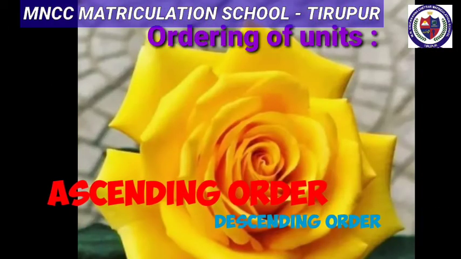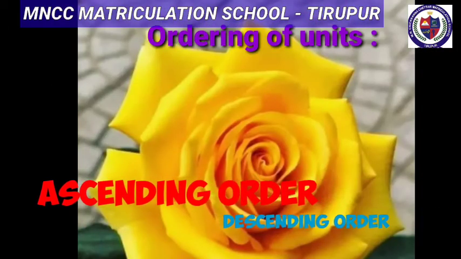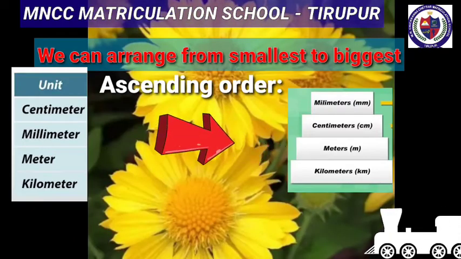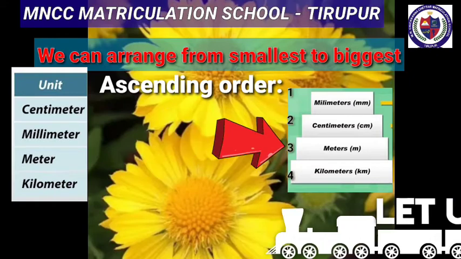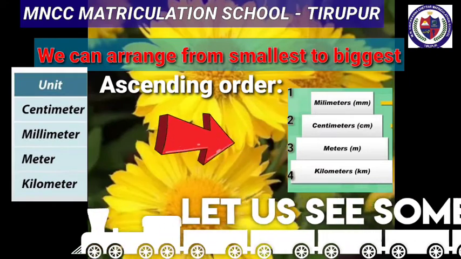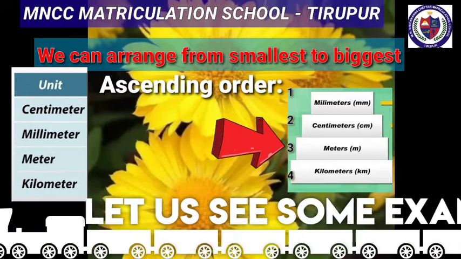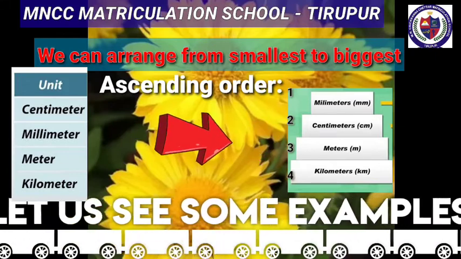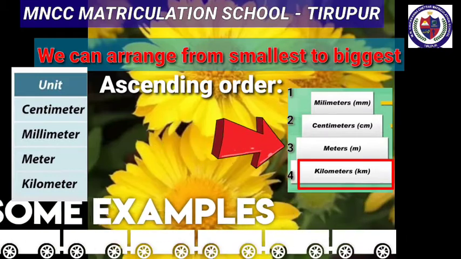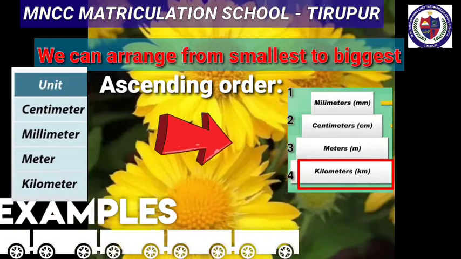Ordering of units such as ascending order and descending order. In ascending order, the standard units are arranged from the smallest to the biggest form. The smaller unit of length is millimeter. 10 millimeter equal to 1 centimeter. 100 centimeter equal to 1 meter. To get a kilometer, we need 1000 meter.